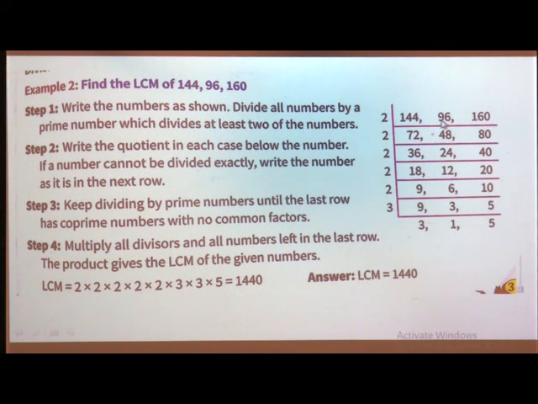If you are unable to do it by the trick I gave, you can do the division separately and write the quotient here. If the number cannot be divided exactly, write the number as it is in the next row. Suppose the number is not divisible.